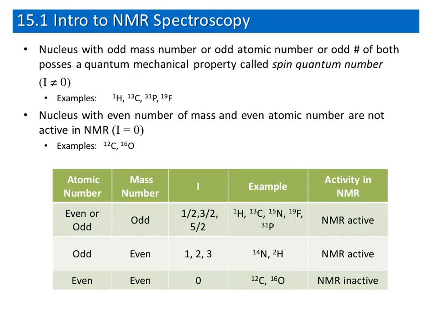So it has a zero spin. Now, in order to run carbon NMR, we are using the carbon 13 isotope. Carbon 13 has a non-zero spin, but because it has very low abundance, it doesn't give us as much information as hydrogen would. However, it's still very useful, and it can give us very good information about the structure of a compound.